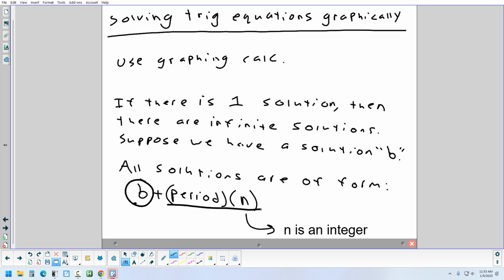You put plus the period times n. Period times n is how you always represent something repeating forever. Whether it's an asymptote or an intersection point, it doesn't matter. That's how you represent repeating forever. Okay, so it's the same amount of work really as yesterday. Find the intersection point, or if there's more than one, find both, and then just put plus the period times n.